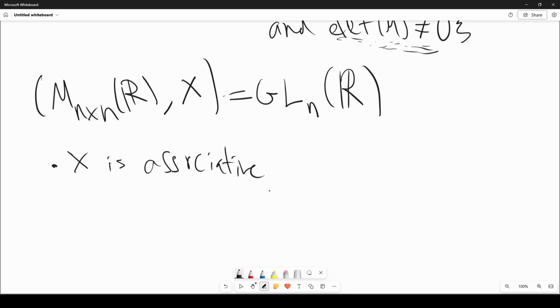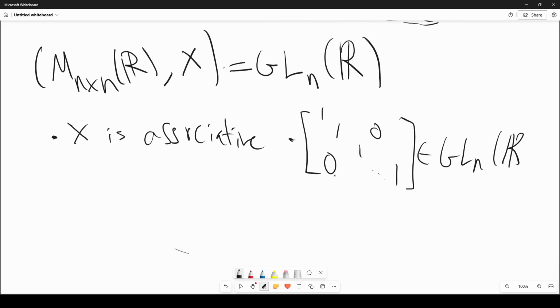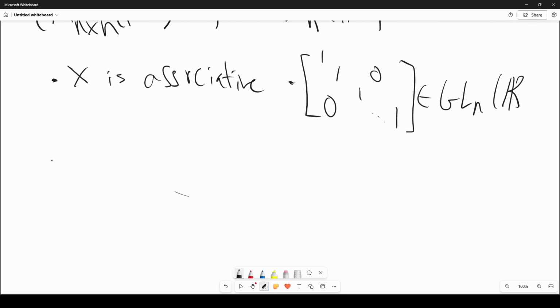We also see that there's an identity, which is the identity matrix. This is in GL_n(R). And if you do any matrix times this, you get the same thing out, because it's the identity. And we see this is in GL_n(R) because the determinant of this thing is 1, which is not equal to 0.